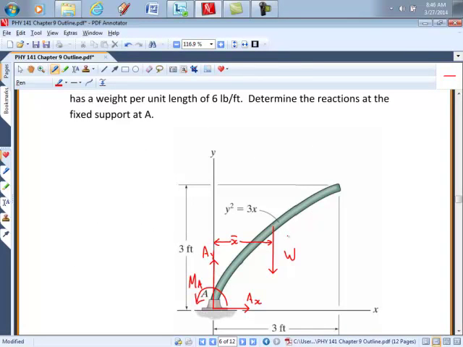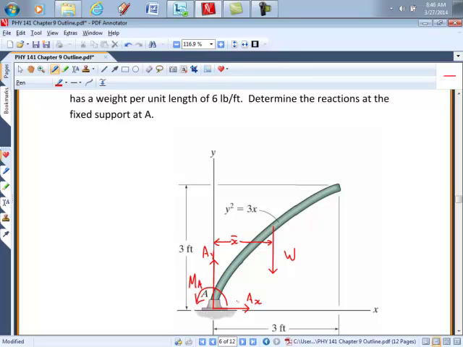I don't really care what y bar is because the weight's going to go through every point that's x bar away from the y-axis, because the gravitational field is along the y-axis. So I'm not going to draw that in there. So there's our free body diagram.